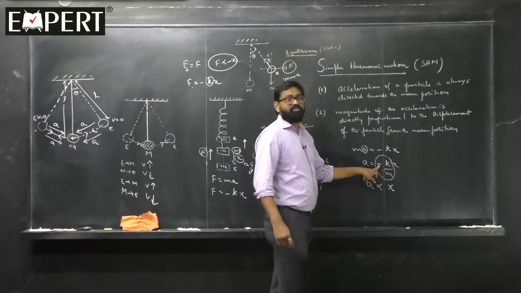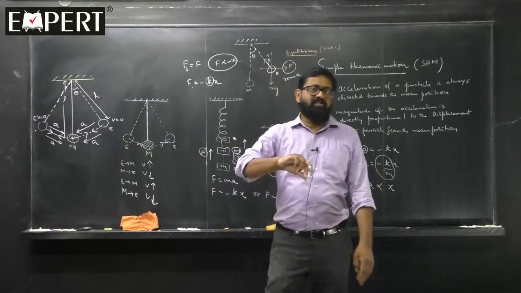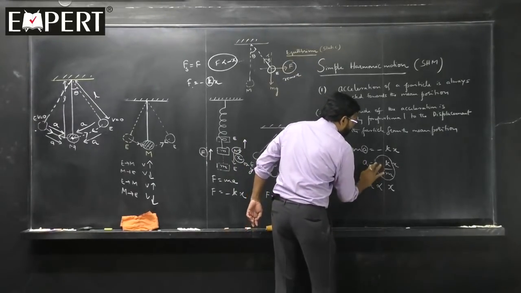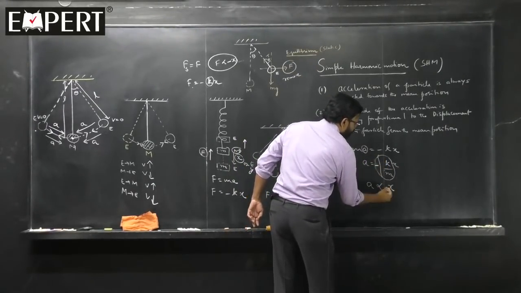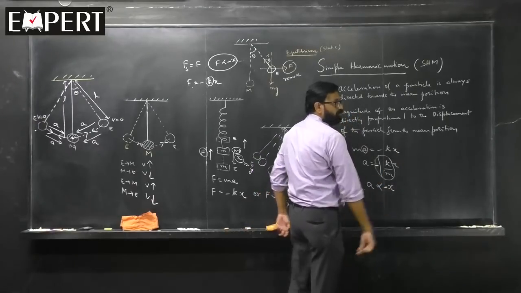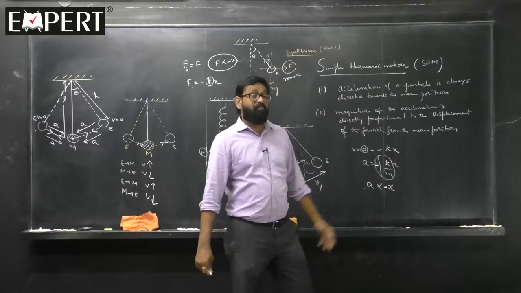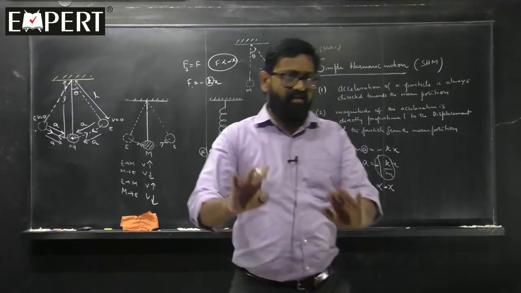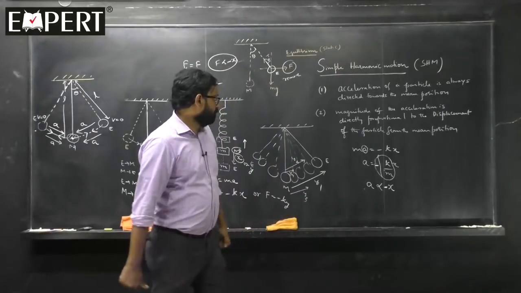Of course, the negative sign indicates what? Acceleration and displacement are in opposite direction. I will put the negative sign aside. a is directly proportional to x. Minus indicates that acceleration and displacement are in opposite direction. That is the meaning of the negative sign here.